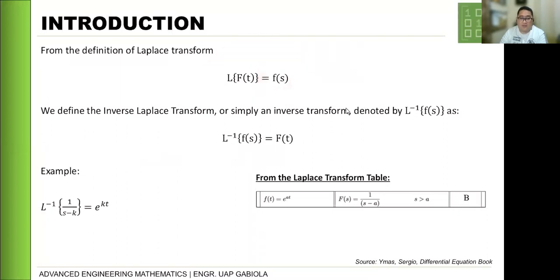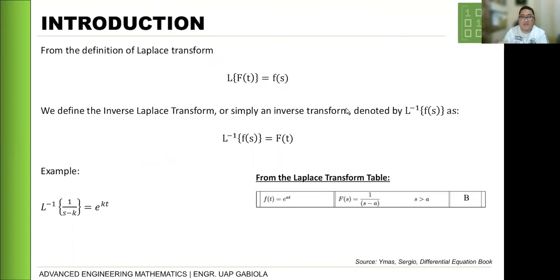And we define the inverse Laplace transform, or simply an inverse transform, denoted by the symbol L raised to negative 1. In division, usually when something is on the other side and we divide, it has an inverse.